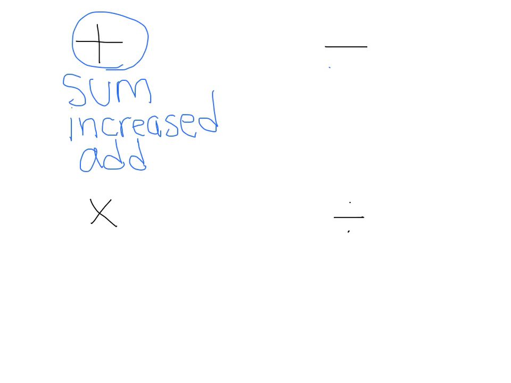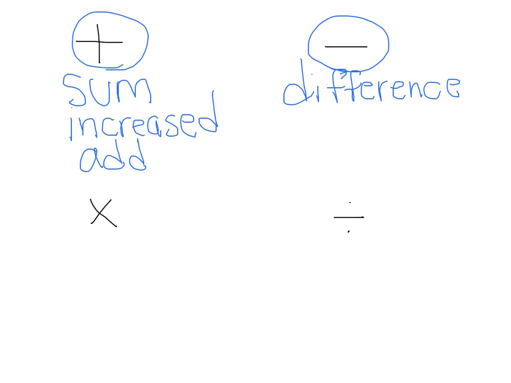Here we have the subtraction symbol. The answer to a subtraction problem is called a difference. The difference between 10 and 7 is 3. 10 minus 7 is 3.